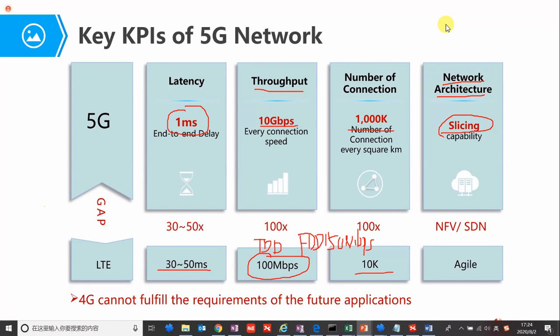Our 5G network can provide different services for different users. For example, if one user wants low latency, we can use slicing. We can cut the network into several slices.